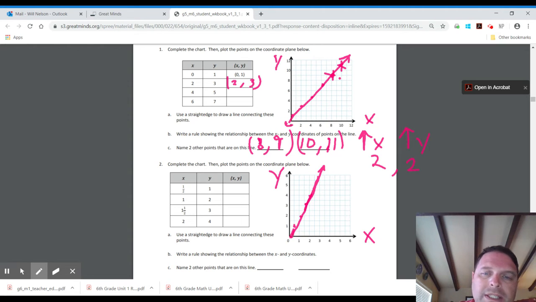So the rule is we could write: when x goes up by 1/2, y increases by 1, right?